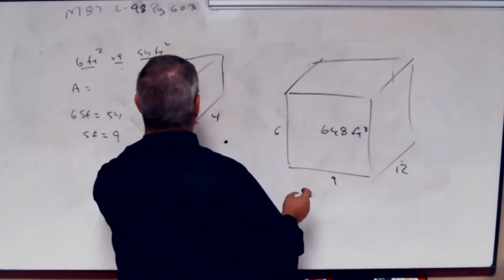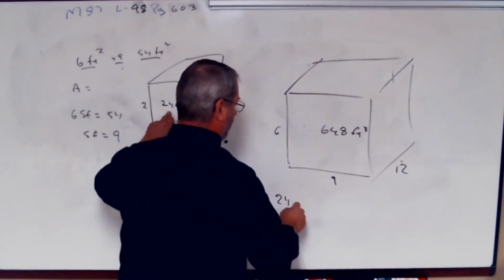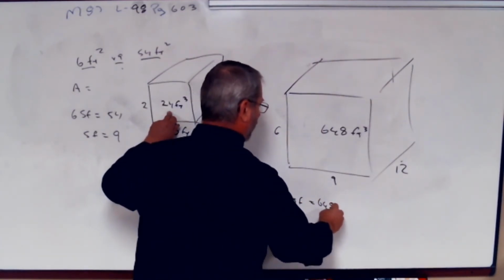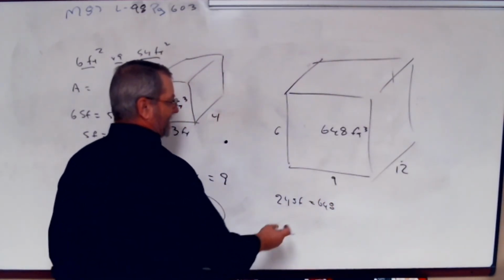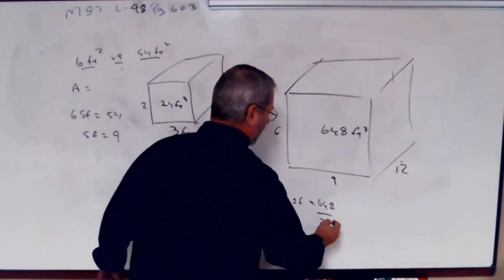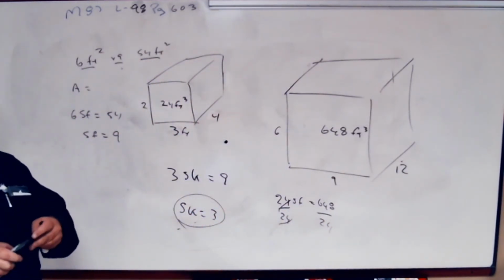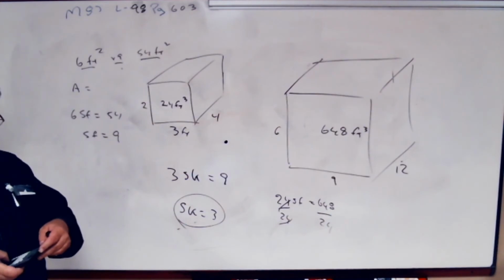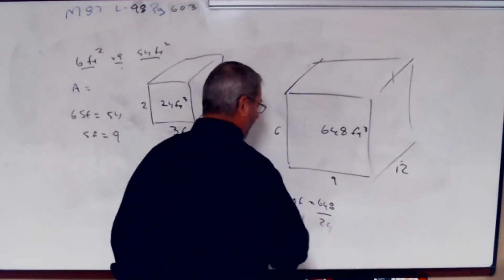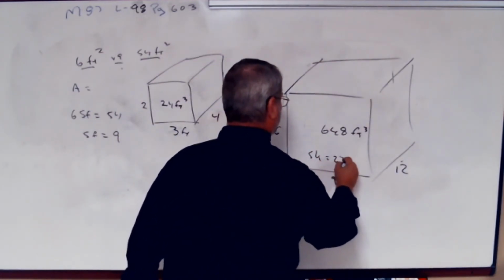Now, if we want the scale factor between the 24 here and that, so we go 24 times scale factor equals 648. And we take this 648, divide here by 24. Divide here by 24. Those cross cancel. And if we take 648, and I'm lazy right now, divided by 24 equals scale factor right here, 27.